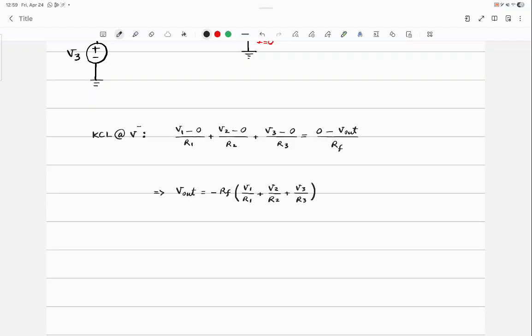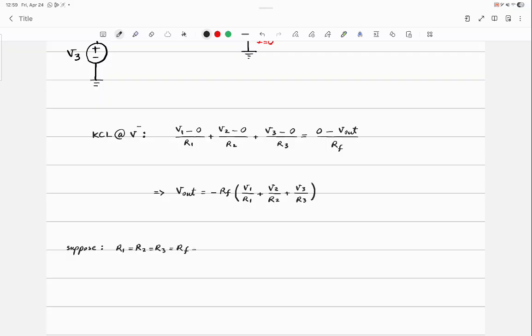And this is not very intuitive. So let's just make some assumption. Let's assume, suppose that R1 is equal to R2 is equal to R3 is equal to RF.